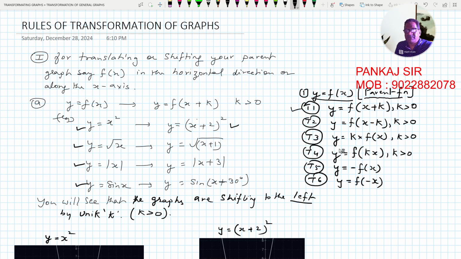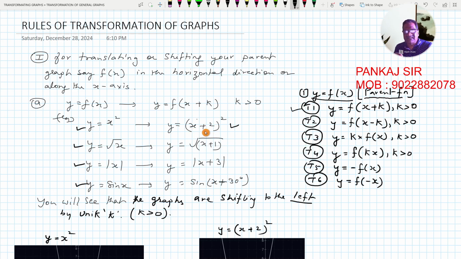Okay, so if you compare y = (x + 2)² with y = x + k, you will come to know that your k is 2 in this case. So what happens to a parent function when some constant value, a positive number like k, is added to x in a function?